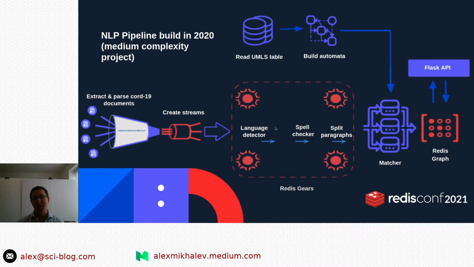The steps in the pipeline are pretty standard for NLP, except for this one. The matcher, using Aho-Corasick automata, matches text into medical concepts out of the Unified Medical Language System and produces nodes and edges.